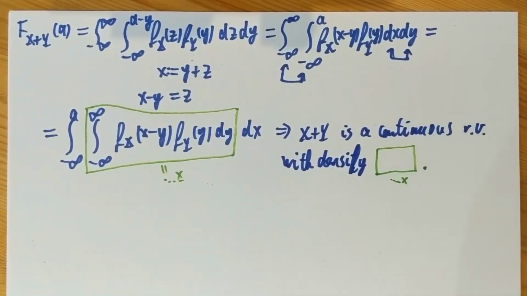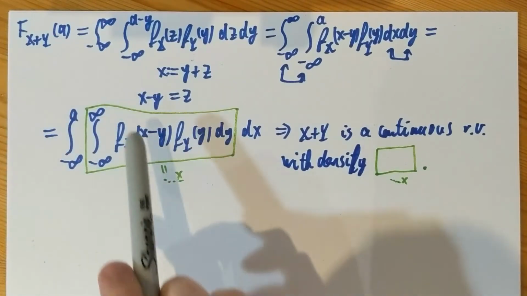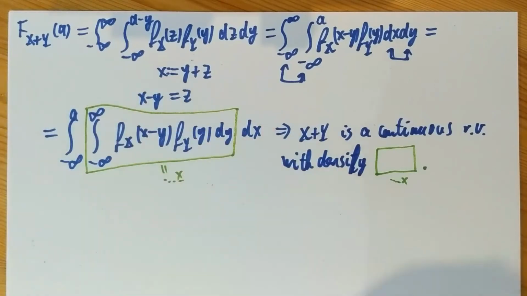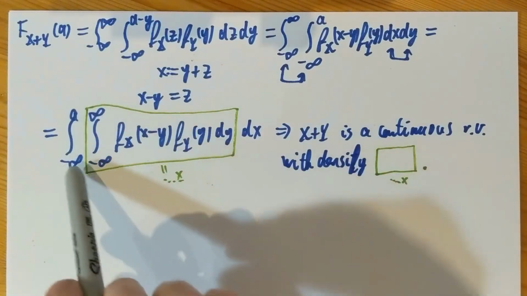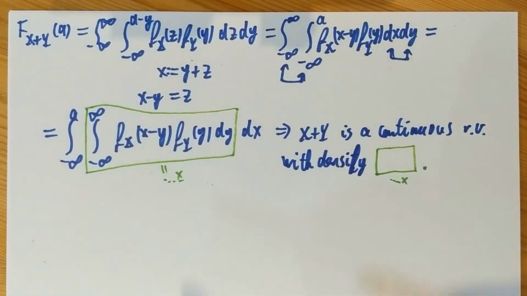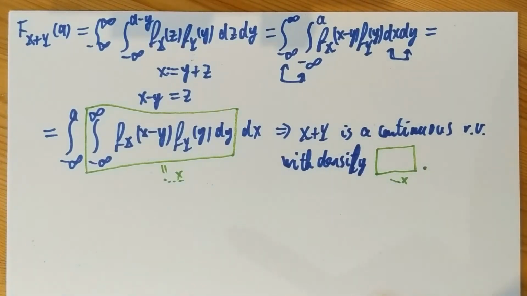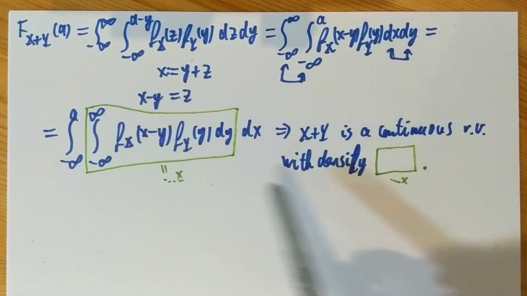So from this formula, because the distribution function of X plus Y is the integral from minus infinity to a, where a is the point where this distribution function is taken, of something that depends on x, dx, therefore X plus Y is a continuous random variable, and the density function can be read off from this integration. It's exactly whatever we see in that integral.